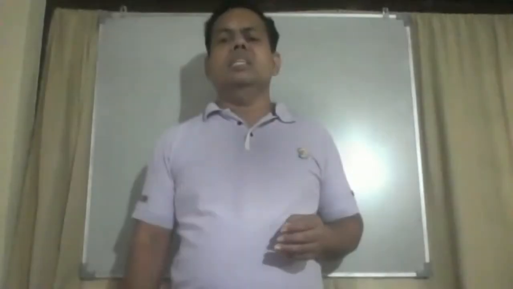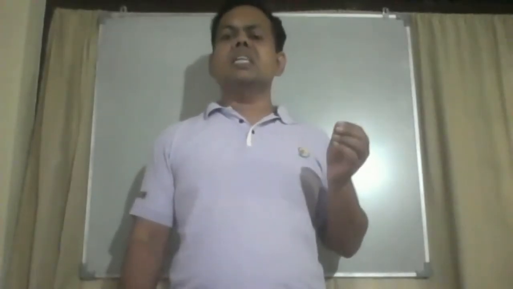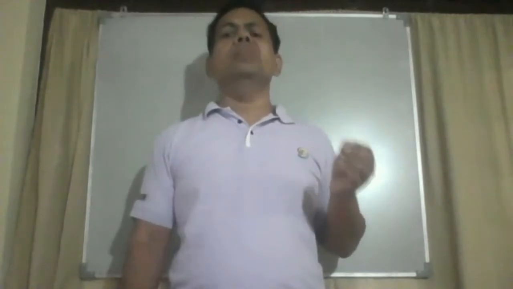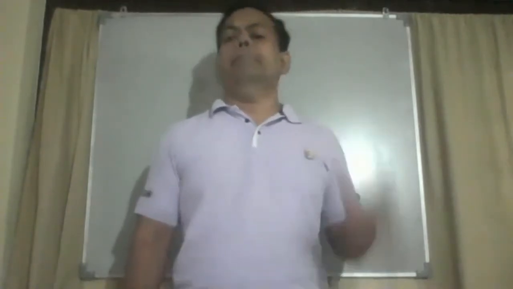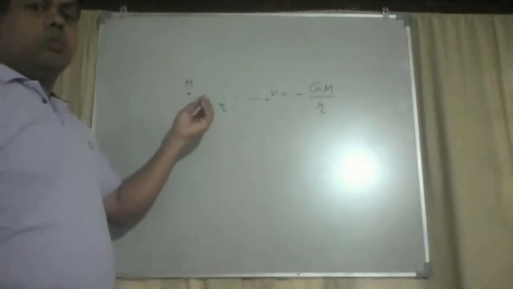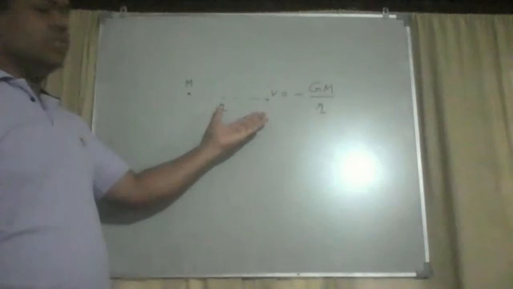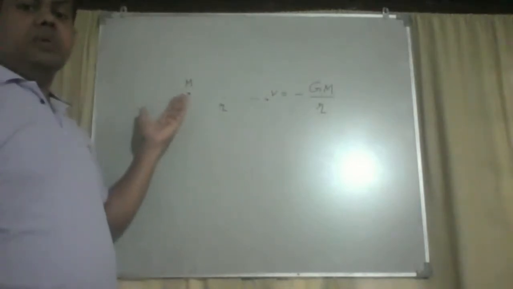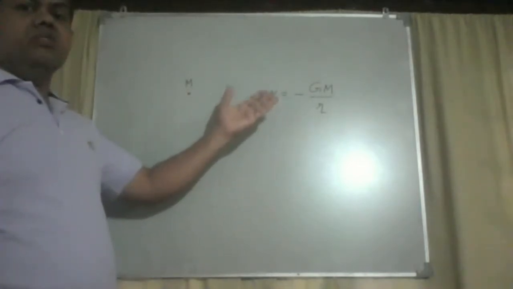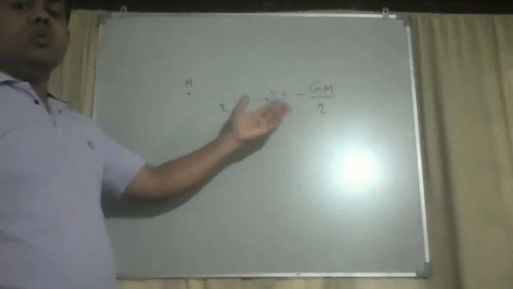Gravitational potential at a point of distance r away from a point mass capital M. If we imagine there exists a point mass capital M, the gravitational potential V at a distance r away from the point mass M is given by minus GM over r.